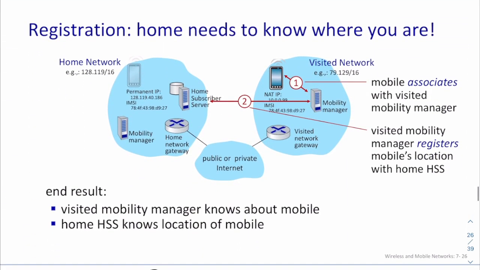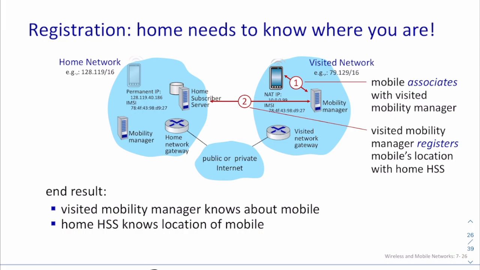The first thing is that if you move to the visit network, the mobile should associate with the visit mobile manager. And then the mobile manager should register the mobile, that means your cellular phone, location with the home address.